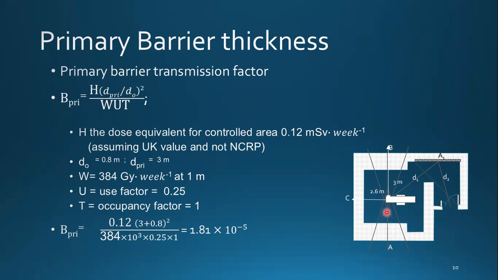Let us assume all together it is taken as 3 meters. The workload we calculated to be 384 gray per week at 1 meter. We can take a use factor of 0.25 and an occupancy factor of 1. If you substitute these values in this equation for barrier transmission factor, you get a value of 1.81 times 10 power minus 5.